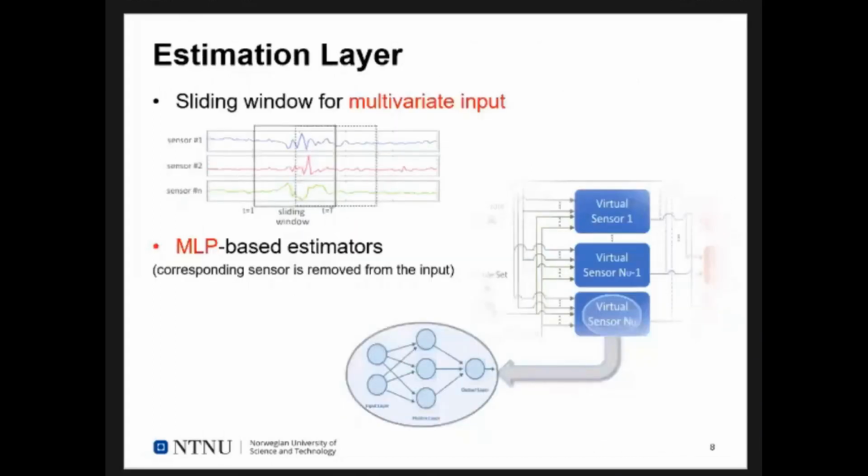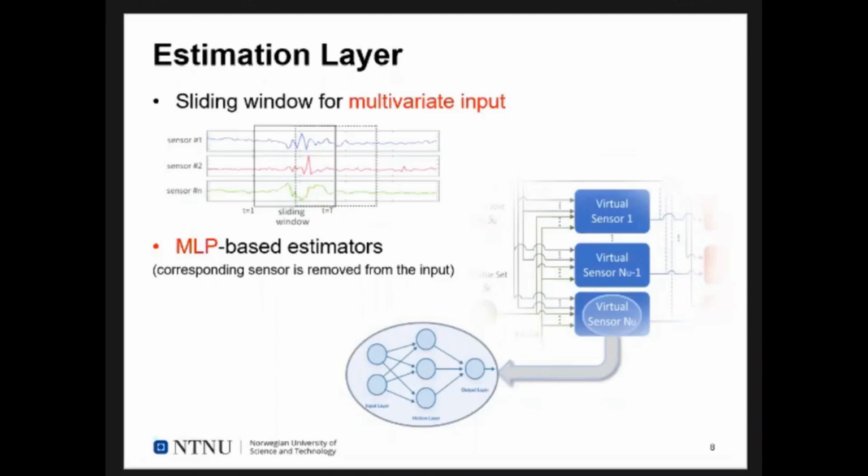So the basic idea was that we have this estimation layer in which, as I was saying, we process with a sliding window mechanism. We collect not just the current inputs, in order to capture both the temporal and spatial dynamics of the measurements.